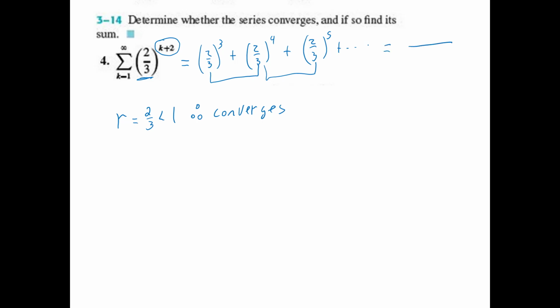It converges to the first term, and this is your first term, which is 2 cubed over 3 cubed, 8 over 27, over 1 minus the common ratio, 1 minus 2/3, which is 8 over 27 and 1/3. And multiply top and bottom by 3, and you get 8 over 9.